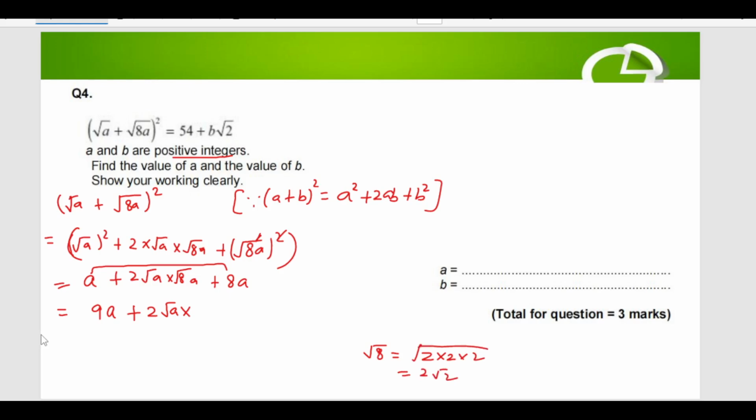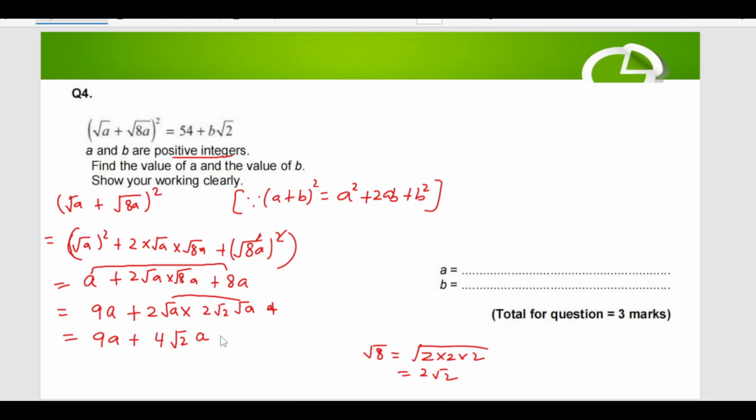So I'm replacing this by 2 root 2, and then we have root a. Sorry, we are done with this. 8a is combined here, so we have 9a plus 2 times 2, it is 4, and then we have root 2, and then root a times root a is a. This will be only a here.